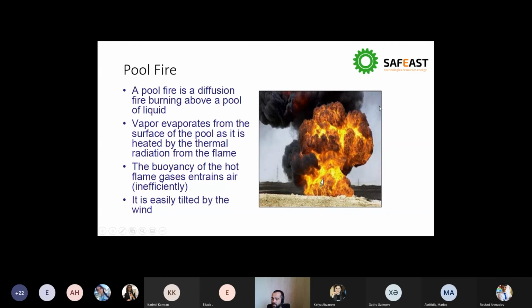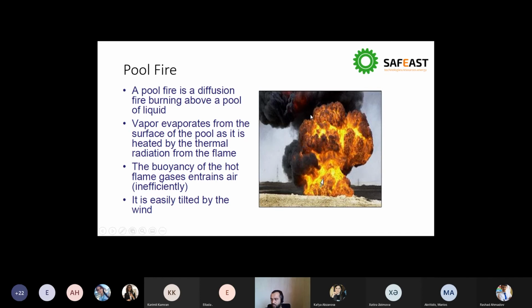You can see this even from its color; it makes a lot of smoke. Vapor evaporates from the surface as the pool is heated by the thermal radiation from the flame. The flame evaporates vapor from the surface, and the buoyancy of the hot flame entraining air is not very efficient, and you can see that most pool fires are smoky.